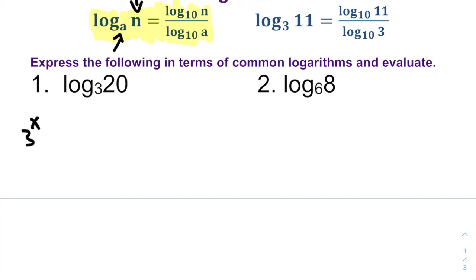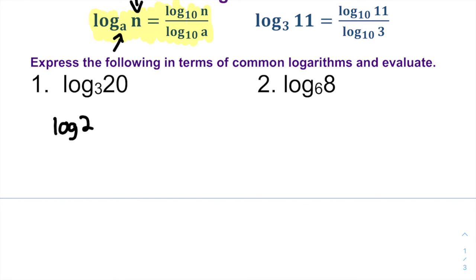So the question for number 1 is 3 to what power is 20? We can't find like bases, nor can we use any log properties. We can log both sides as we did above, or another option is to just convert or change the base to log base 10 to use the button on our calculator.